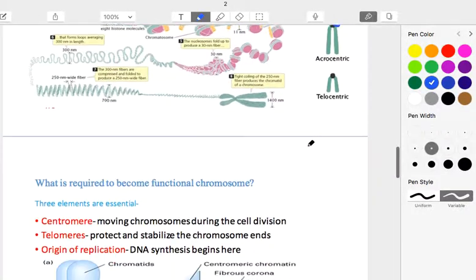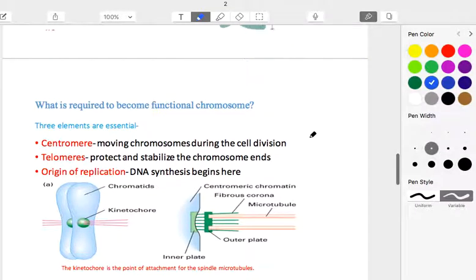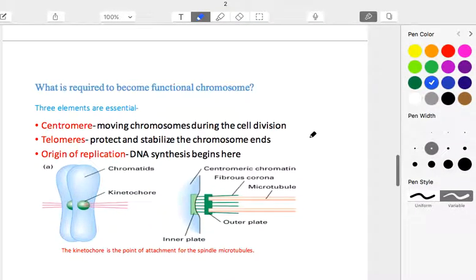Let's talk about a very important question: what is required to become a functional chromosome? Why is the centromere very important? Why are telomeres important? Why is the origin of replication important? First is the centromere.